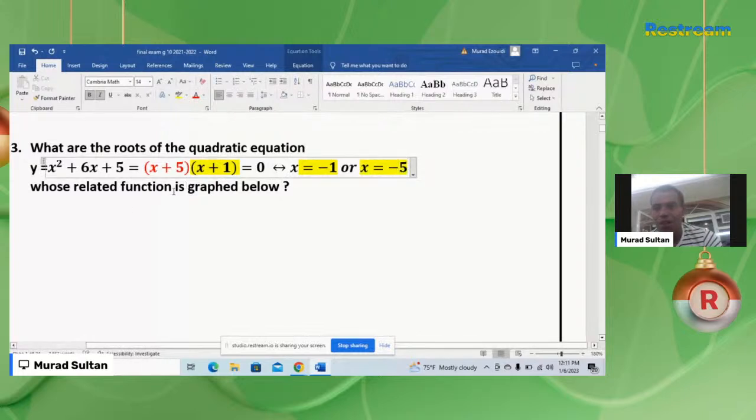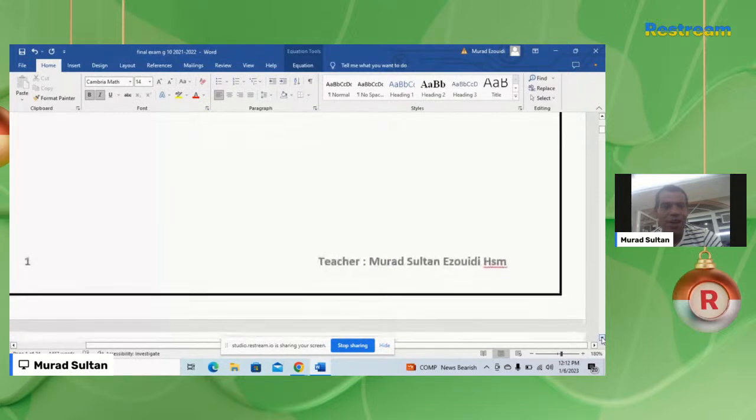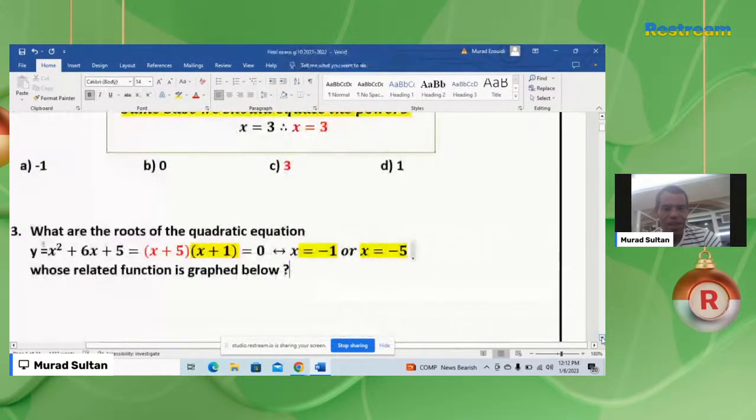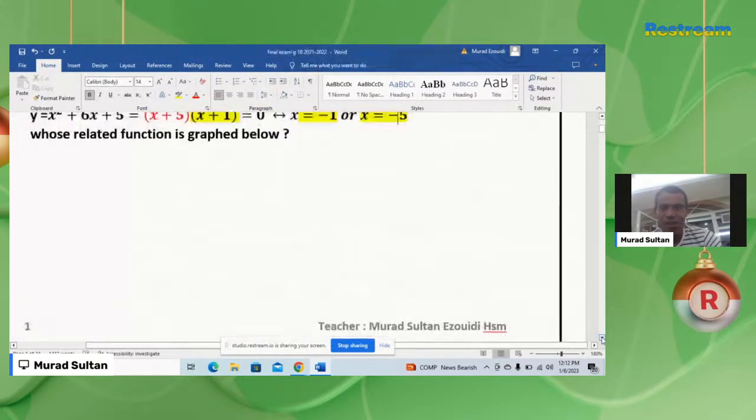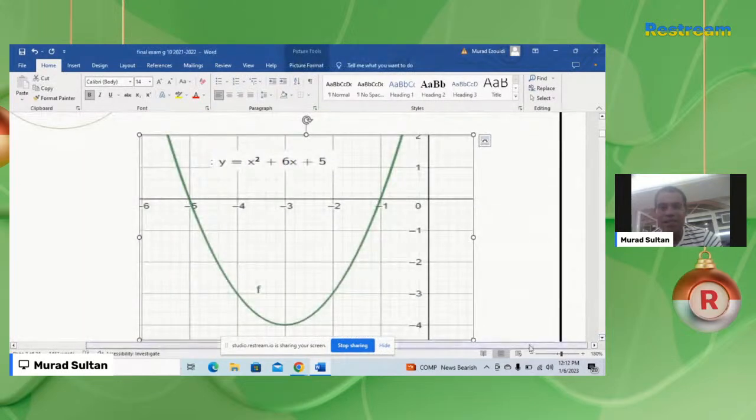So this is how to factorize and then solve for x. But if the question is graphed, you will get a curve like that. You just see where exactly your curve cuts the x-axis.